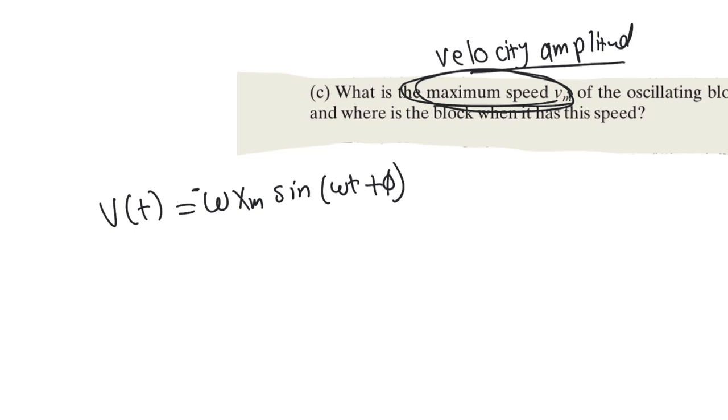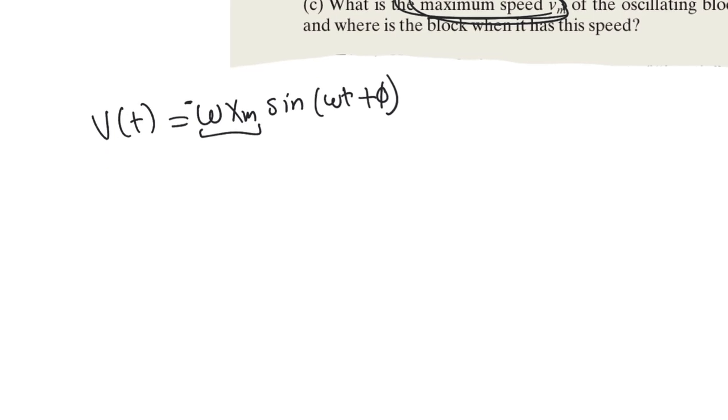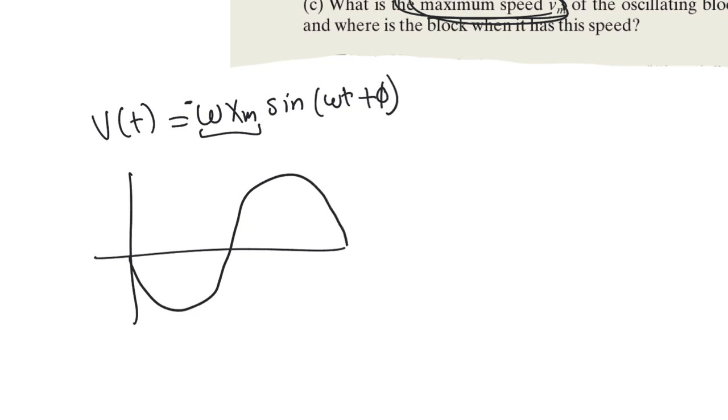Okay, this is the amplitude of the velocity, and when we draw we will see that the velocity is like that. Always, or sorry, because here we have a minus, so it will be like that.